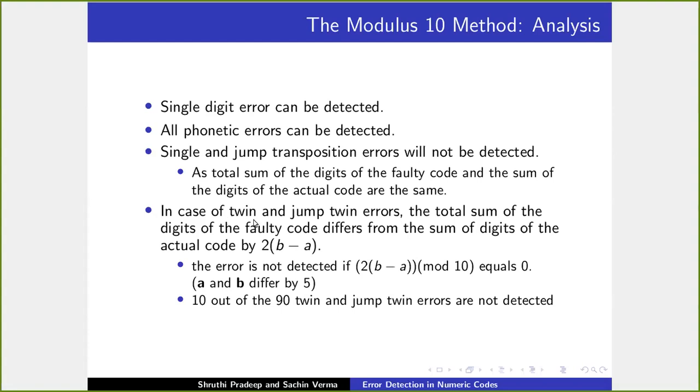In the case of twin errors, 10 out of 90 we won't be able to identify, because if the difference of A and B is 5, then we won't be able to identify. Along with that, even in the case of twin errors and jump twin errors, we won't be able to identify those cases when the difference of A and B is 5.